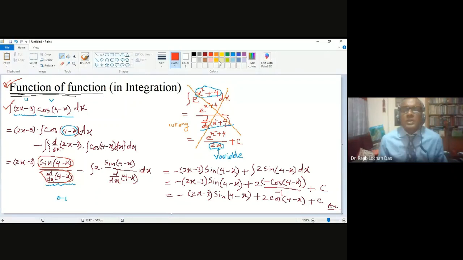Another example is, say we are doing integration of root over x cube minus 4x, dx. You can think x cube minus 4x is your x.